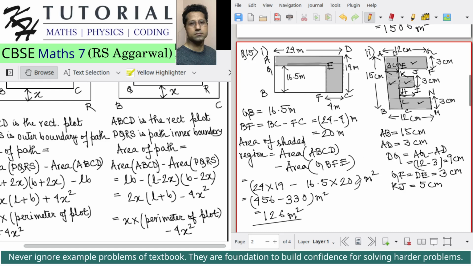So what will be the area of the shaded region?